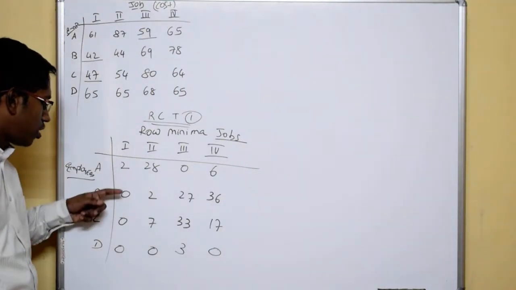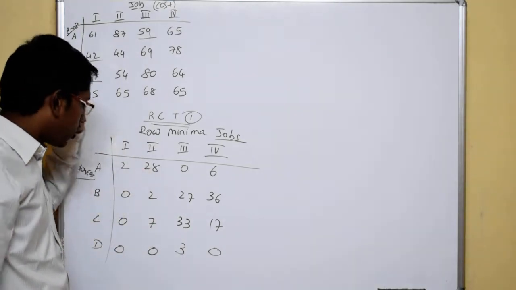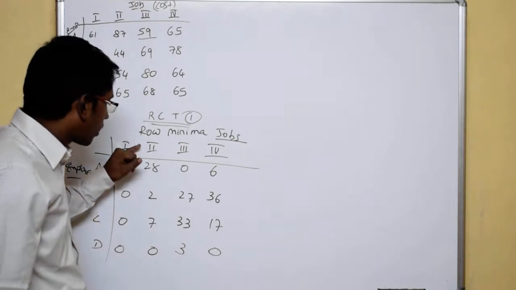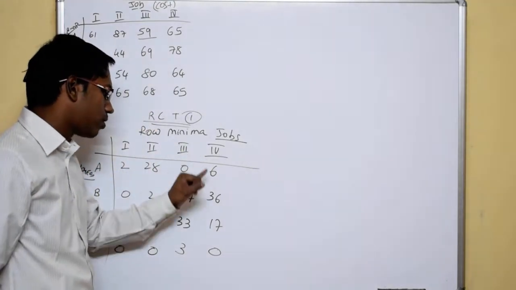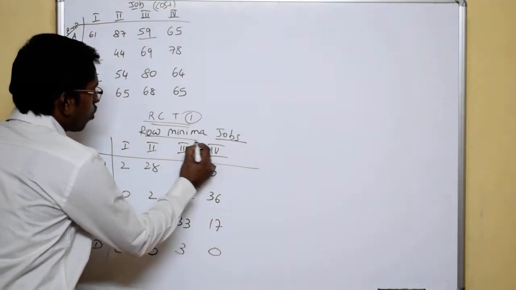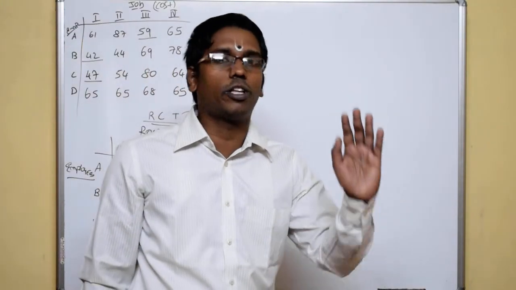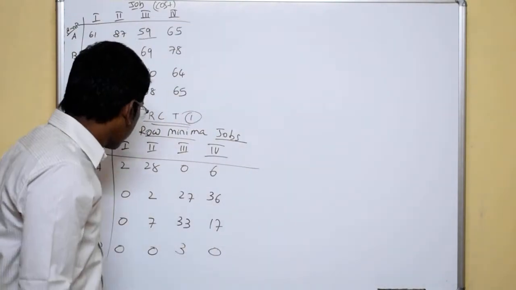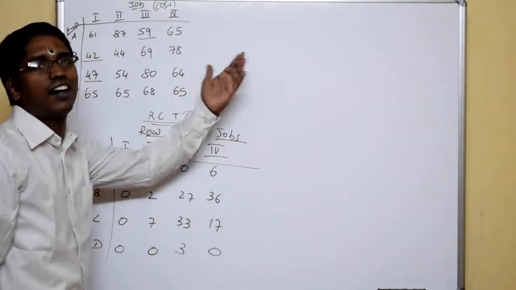The first row has 3 zeros, the second row has 1 zero, the first column has 3 zeros, the second column has 1 zero, the third column has 1, and the fourth column also has 1. Which means in the very first step, row minima, we are able to achieve zeros in all the rows and all the columns.